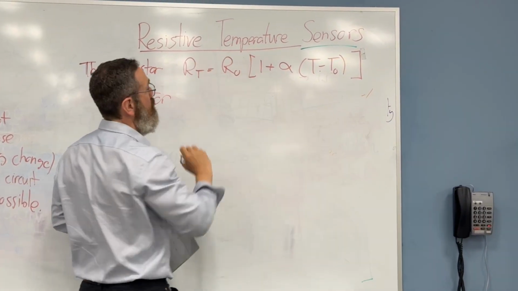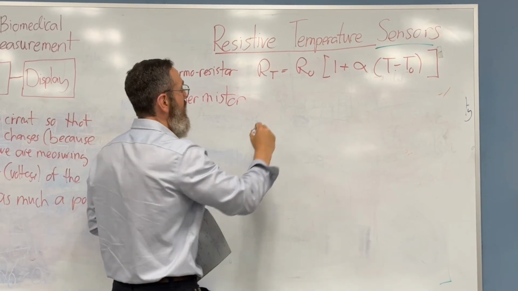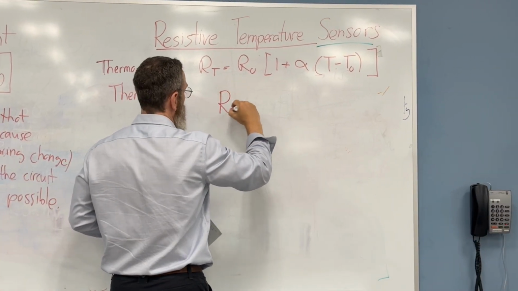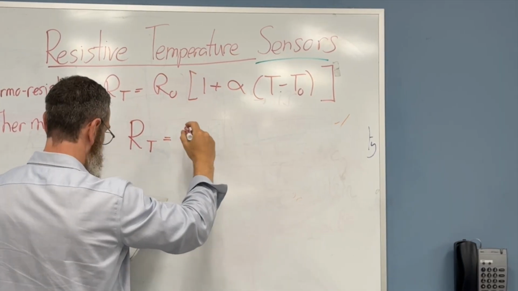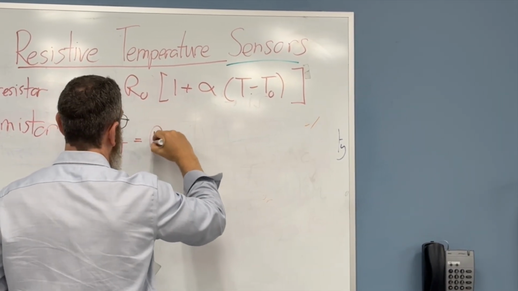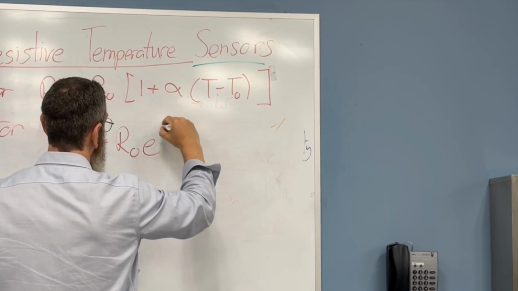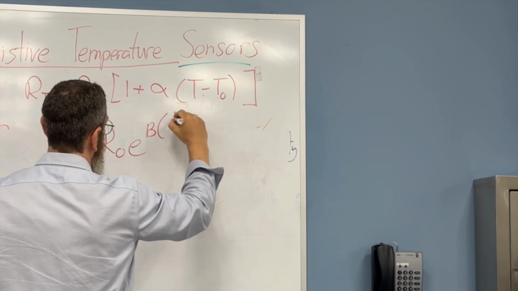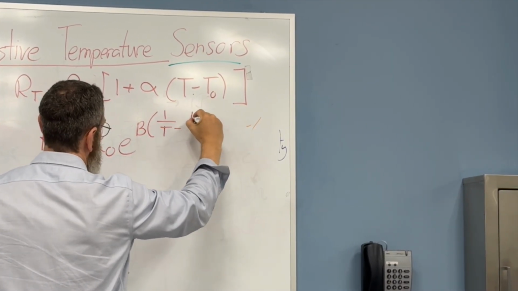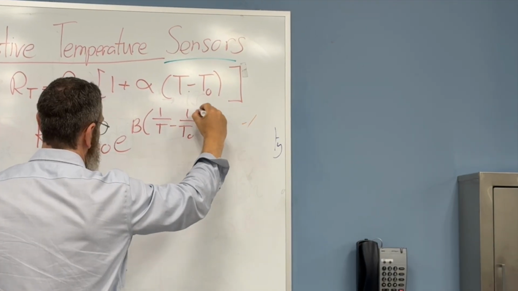Thermistors are also resistive temperature sensors. However, they're characterized by this equation: R sub T is equal to R sub 0 e to the beta times 1 over T minus 1 over T sub 0.